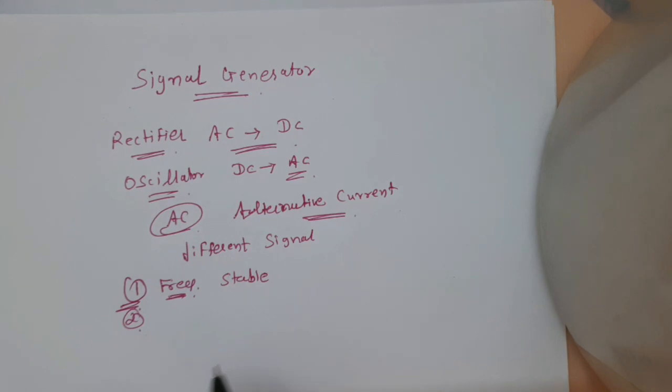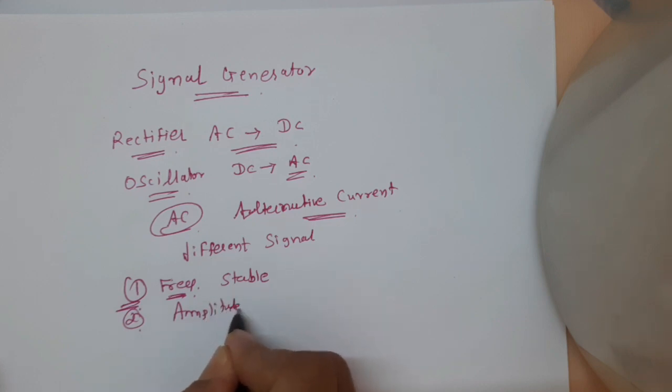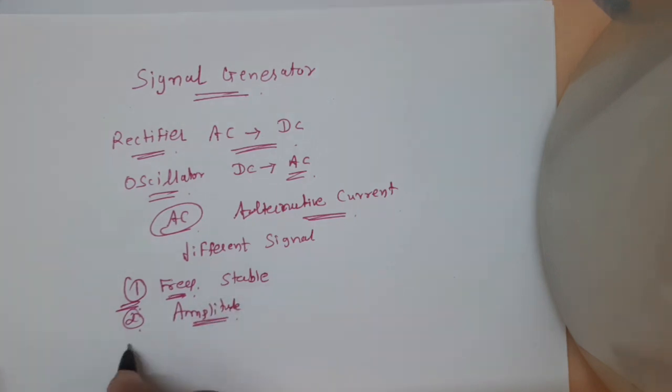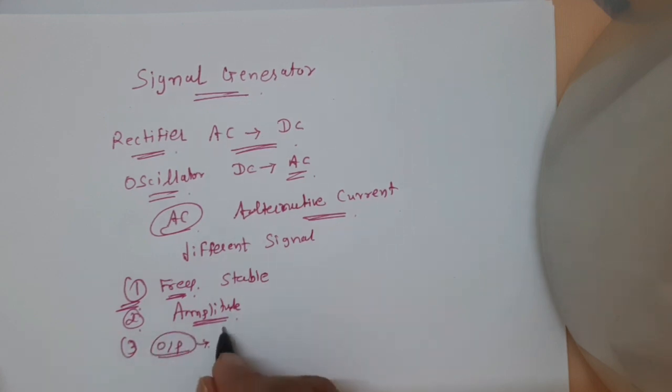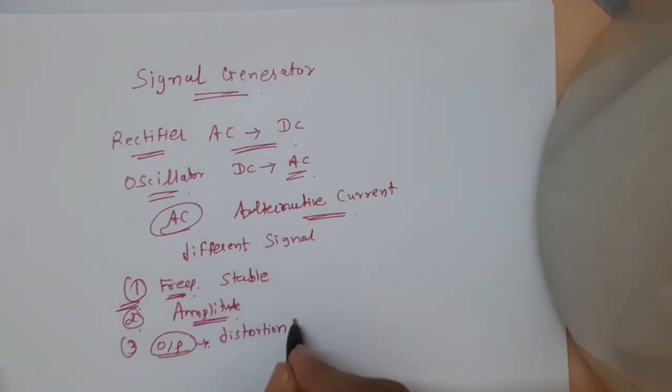The second requirement is the amplitude should be controllable from a very small to a relatively large value. And the third one is the output should be distortionless.